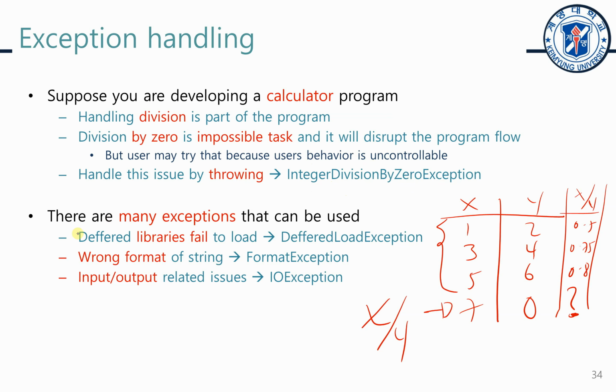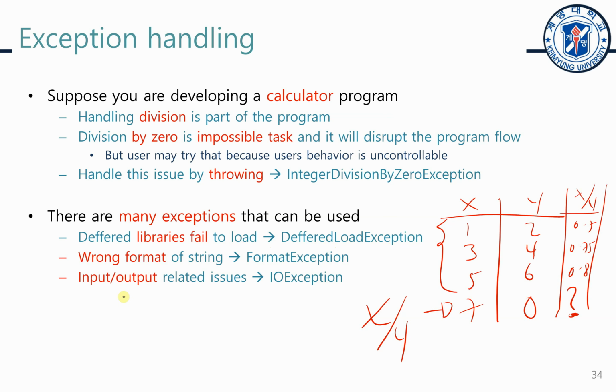And there are many exceptions. Exceptions are things that the program cannot work with. When some library fails, you can have a deferred load exception. When the wrong format of a string is input, a format exception.